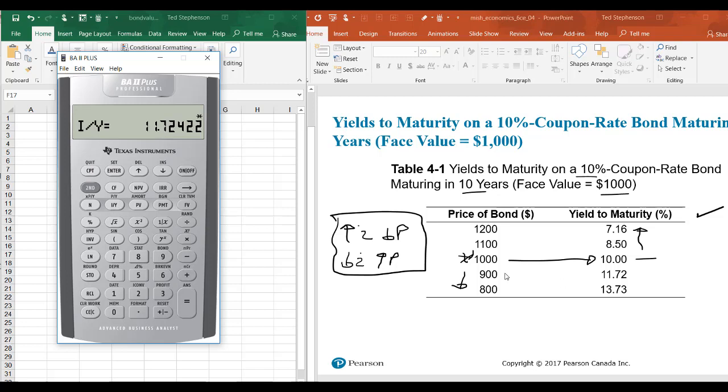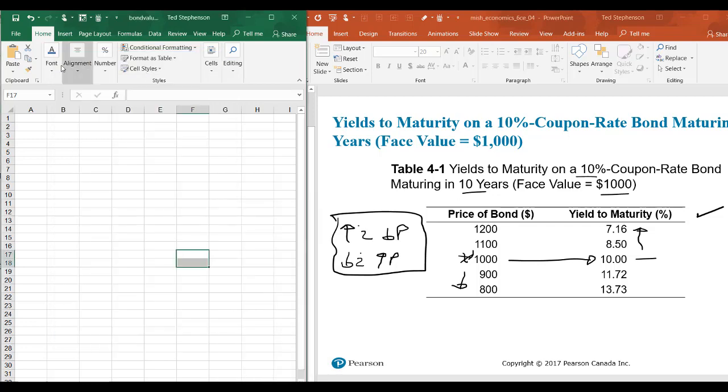Now we can see that the price is below par, so the bond is being sold at a discount, so the yield to maturity is above our coupon rate. And finally, the last one, 800, negative present value, so it's being sold at a discount. Compute the I/Y, 13.73.